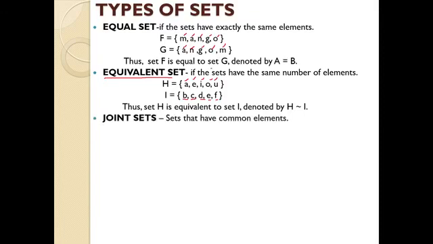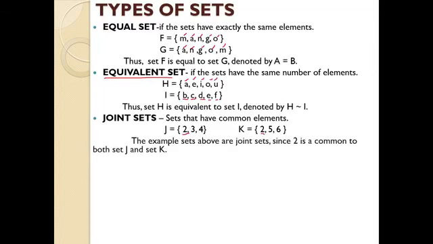Joint sets. Sets that have common elements. Look at the two sets. What is common? You have noticed that 2 is common. That's why the two sets are joint, since 2 is common between both set J and set K. Disjoint sets.